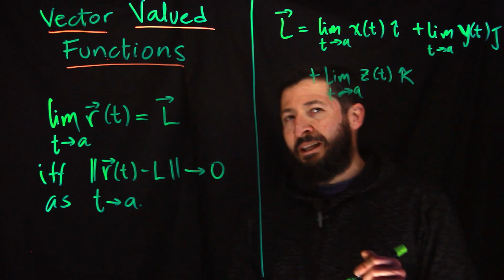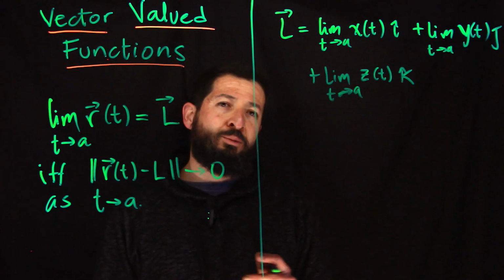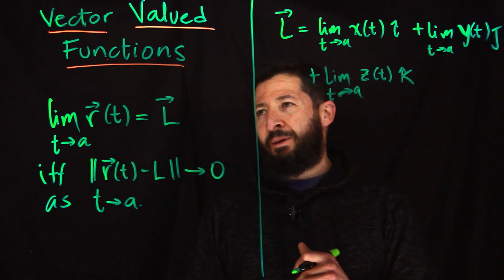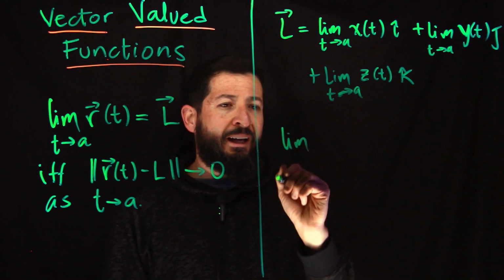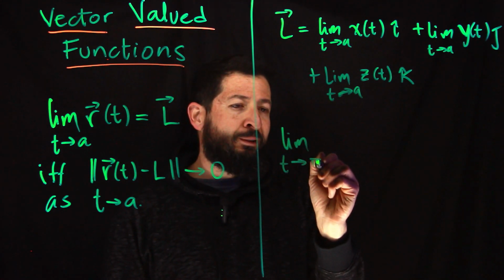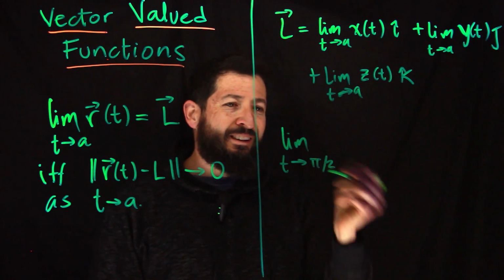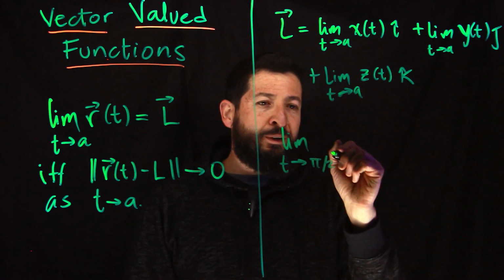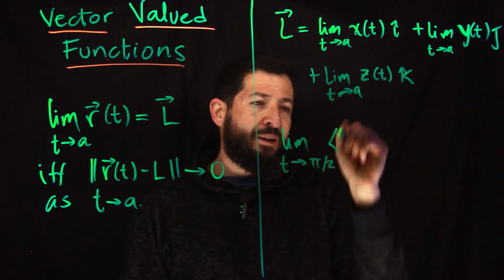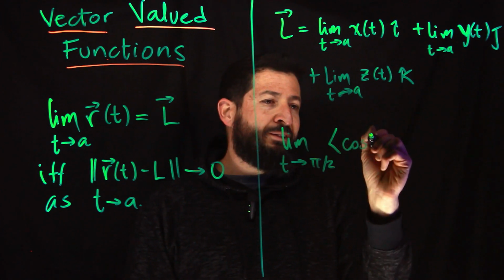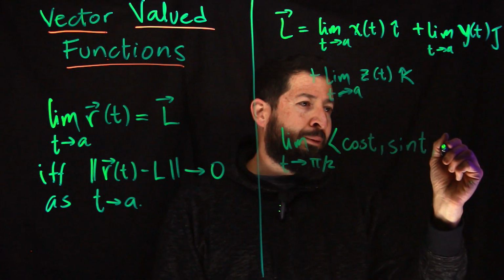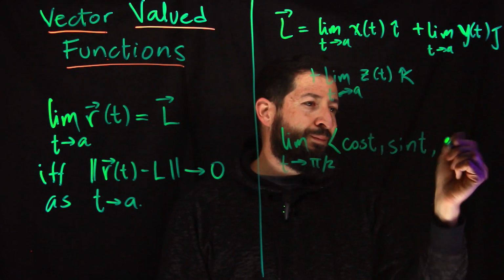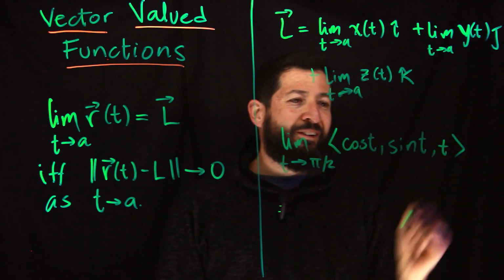So whenever you want to take limits for a vector valued function, what you're going to do is compute the limit component-wise. So for example, you wanted to do the limit as t goes to pi over 2, I don't know, something. In this case, not going to evaluate it, but say that your function is given by cosine of t, sine of t, and then just t, another helix.